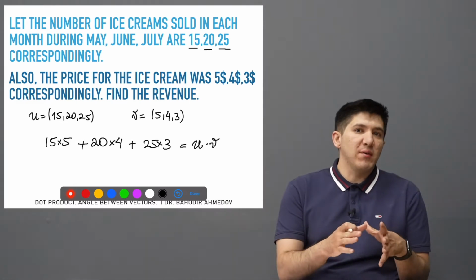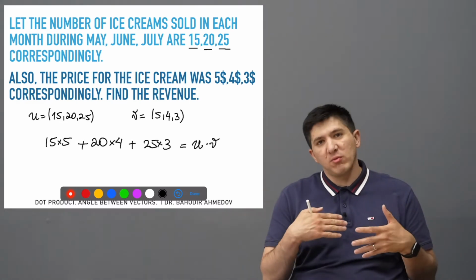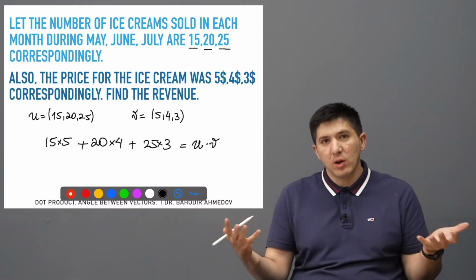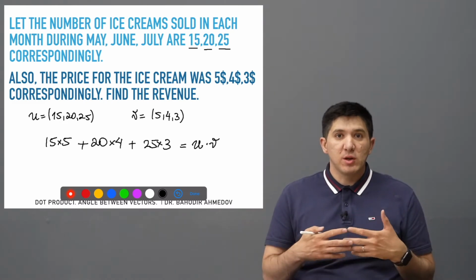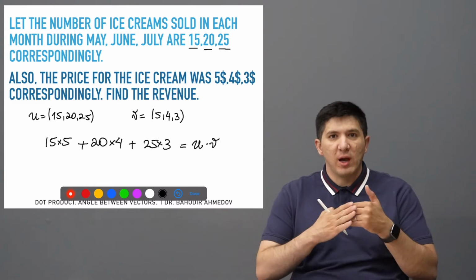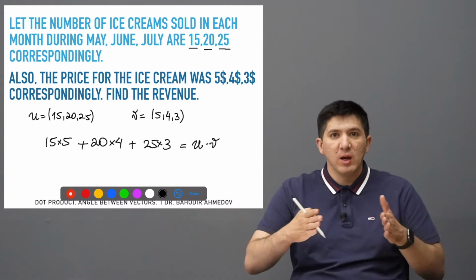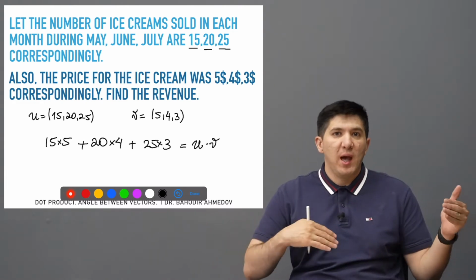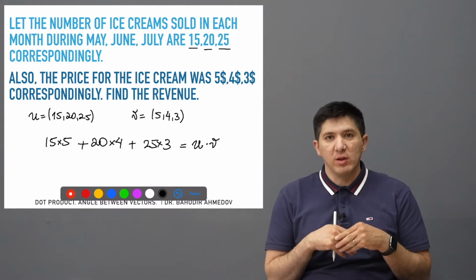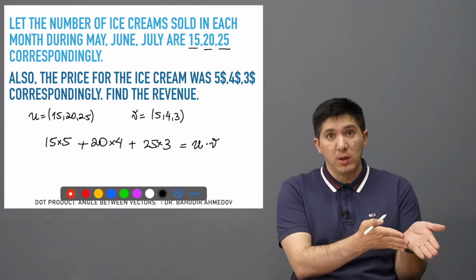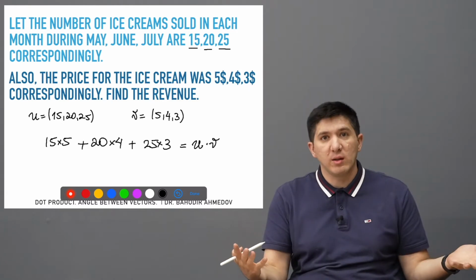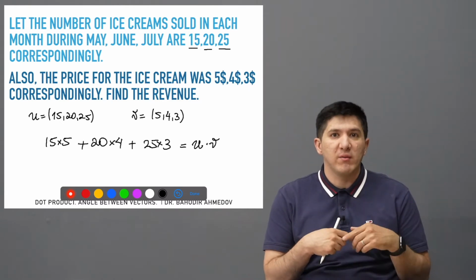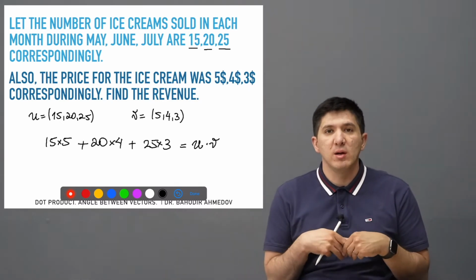Well, obviously, if you just have 3 months, it is not really useful to use the dot product, but you can imagine that your computer has a data array with millions of data points, and then whenever you need to find a revenue, you can just do the dot product instead of creating a loop, multiplying every element of the first array by the second array, and doing the summation.